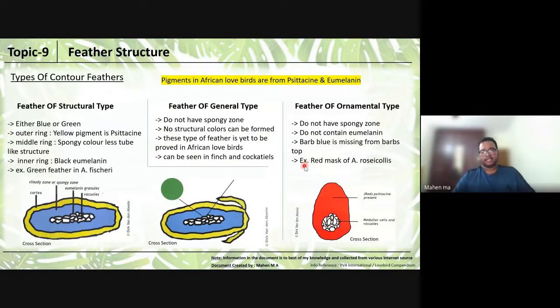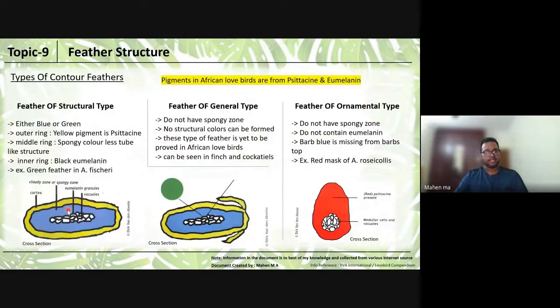These feathers range from orange to red. So in African lovebirds, wherever you see blue or green feathers, it is basically a feather of the structural type, and wherever you see red or orangish feathers, it is basically a feather of the ornamental type. Okay.